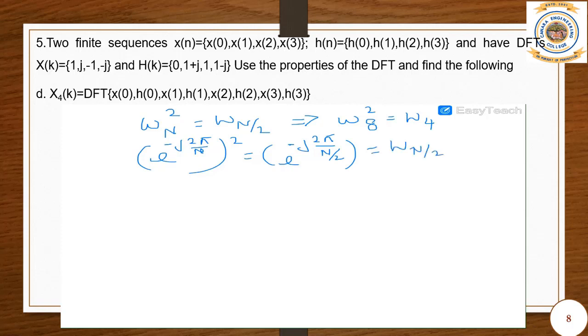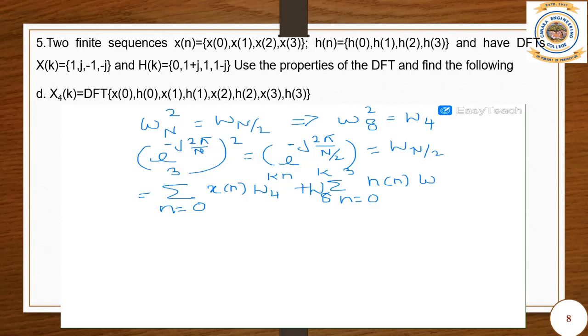So I am making use of this property, and let me try to rewrite whatever I have got in the previous one. So what I can write here is summation n value varying from 0 to 3, x of n, W4 to the power kn plus, now W8 to the k, let me take it out, n value varying from 0 to 3, h of n, W4 to the power kn.